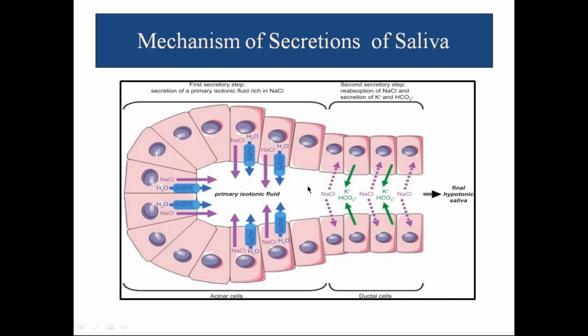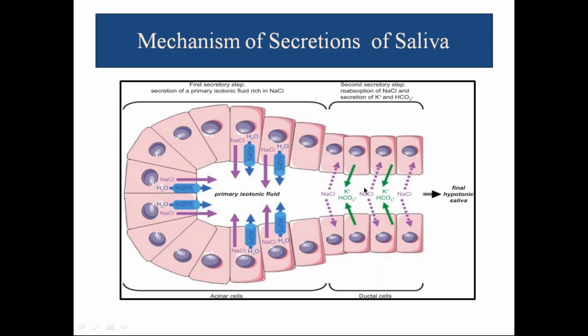Now once this occurs, it flows into the duct. In the duct, there is an active reabsorption of the sodium ions, and along with it, the potassium ions are being actively secreted in exchange for the sodium ion. So the sodium concentration decreased, the potassium concentration increased. The absorption of sodium is much more as compared to the secretion of the potassium ions, so again the chloride will move along with it.